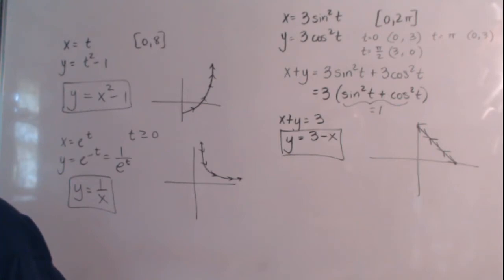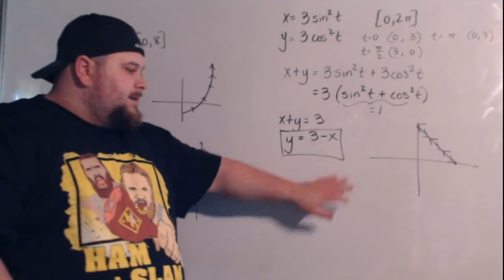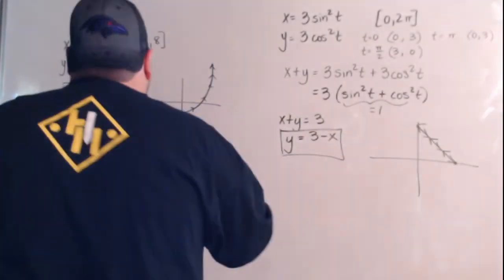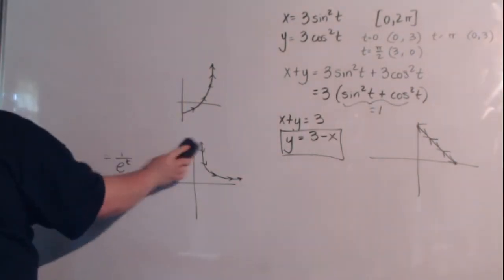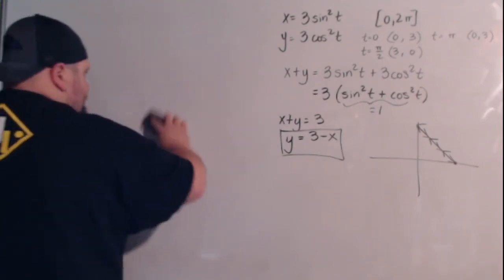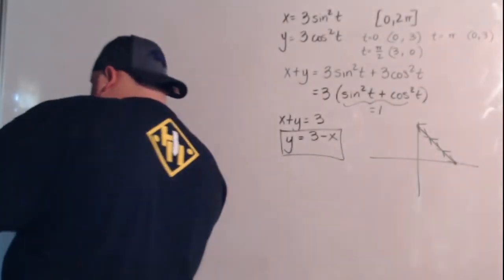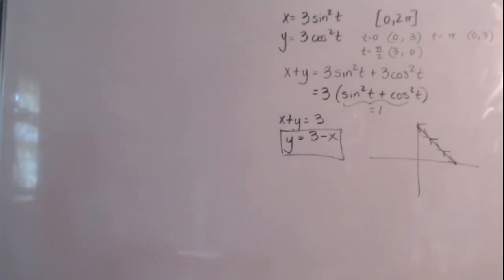Alright, so we've got a few more of these. And we're going to use the same concept here for these next couple ones. So this time I've got x equals sine t, y equals cosine t.